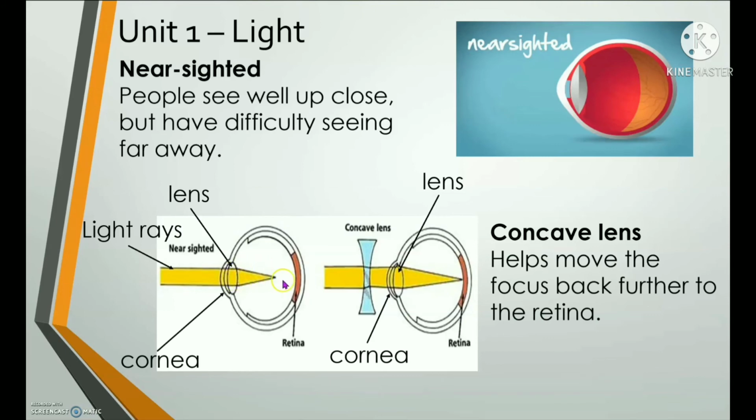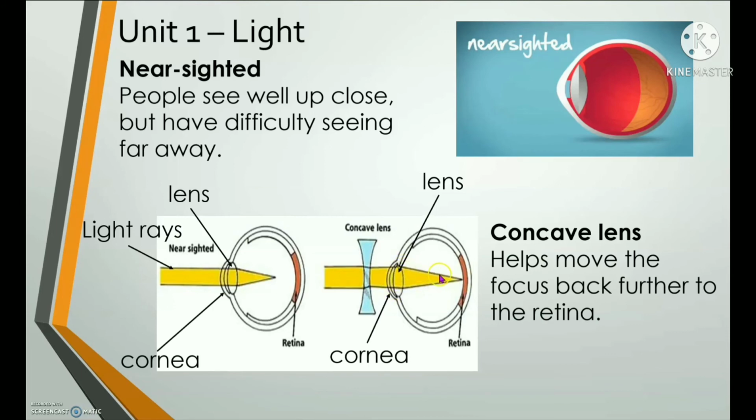So to fix this problem, this person can wear the concave lens, which is thicker on the edges. So when the light rays pass through a concave lens, the light rays are diverged before they reach the eyes. So when the light is diverged entering this nearsighted lens, the light will then converge at the right place.